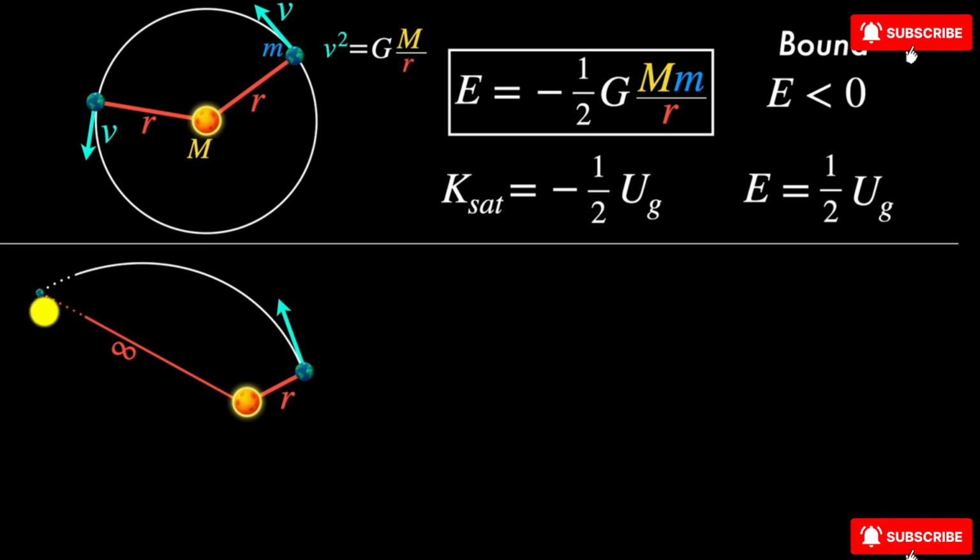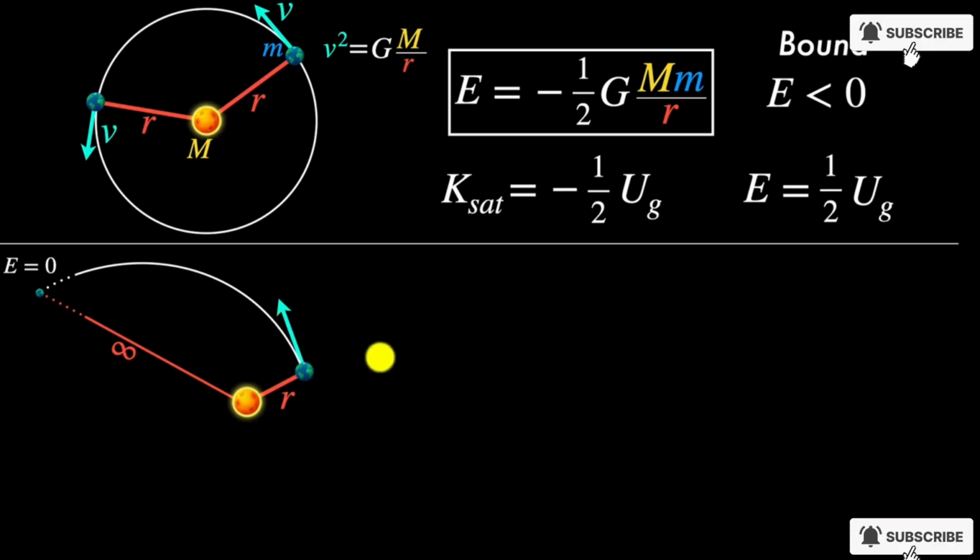So in this particular situation, the energy of the system at infinity is zero. So what happened is that after giving the hypothetical kick, we did work on the system, and so the total energy of the system increased from negative. It became zero. So when the planet or satellite has just enough speed to escape to infinity, the total energy of the system is zero.